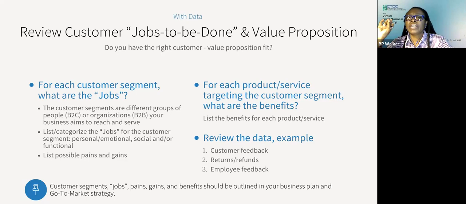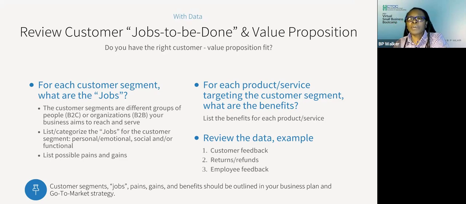And then you look at your products and services and you list out the benefits, the value proposition that you have for each product and service. And as you are targeting that customer segment, right? Because that's another error sometimes we make in our haste to get the exercise over with.